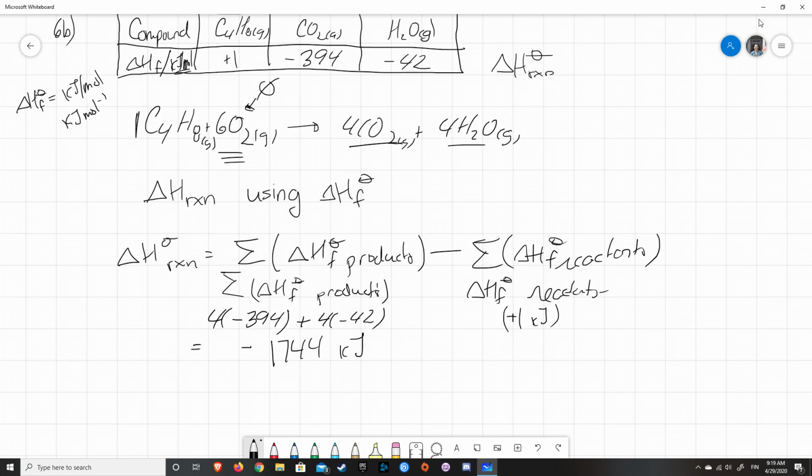And this is plus 1, so if we minus plus 1, our delta H of reaction is equal to negative 1745 kilojoules. And that'll be our final answer. I hope I did that calculation correctly.